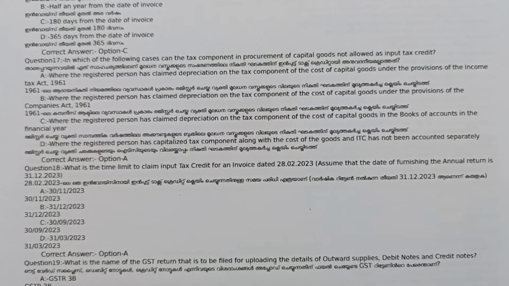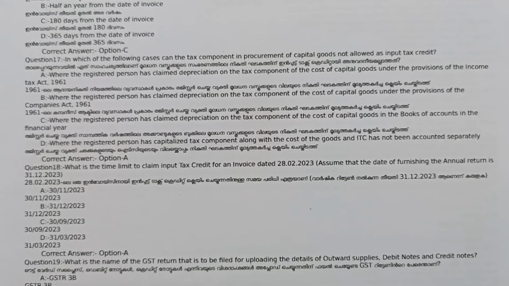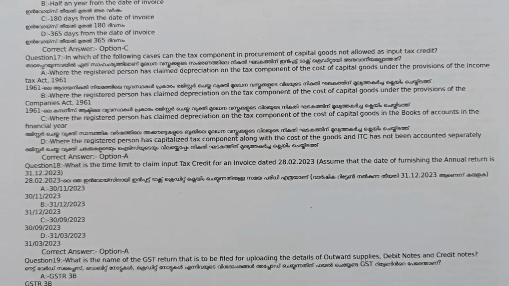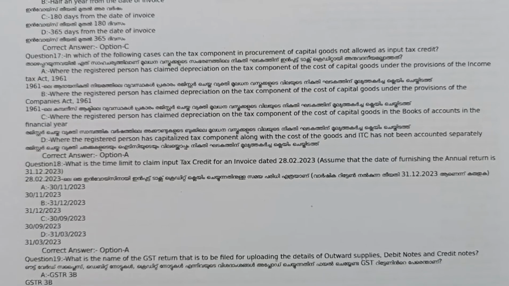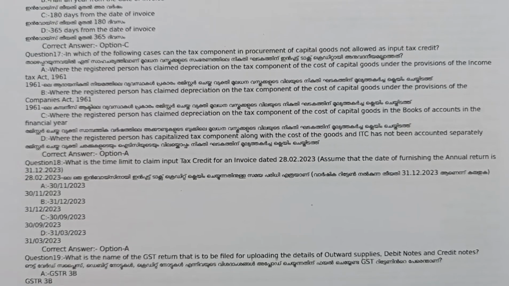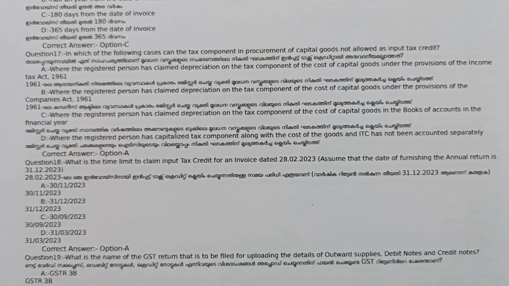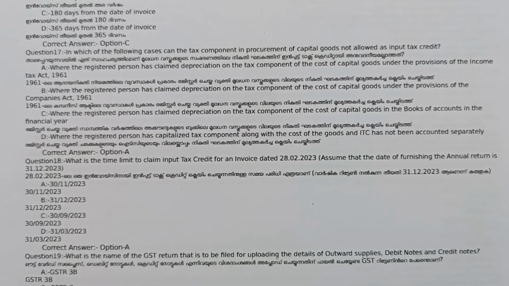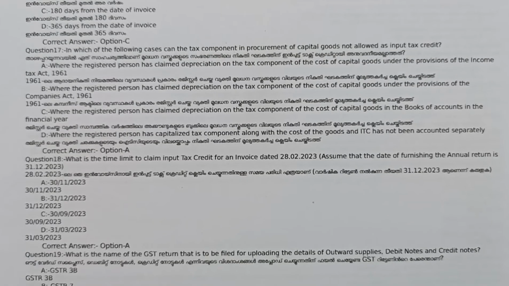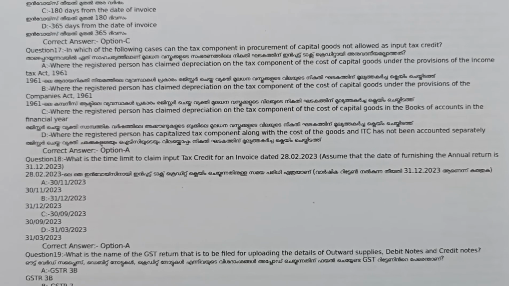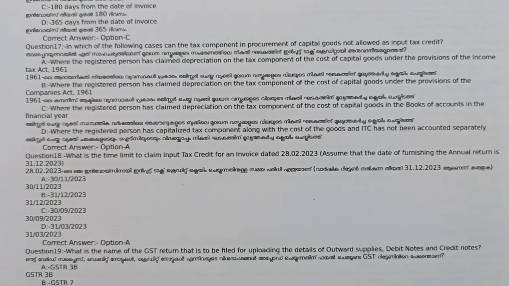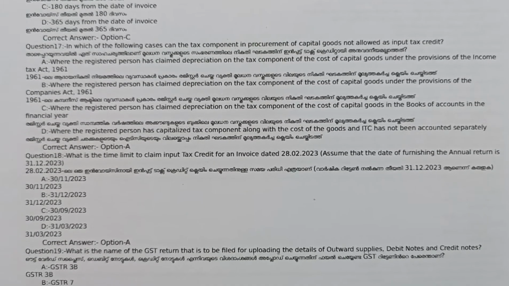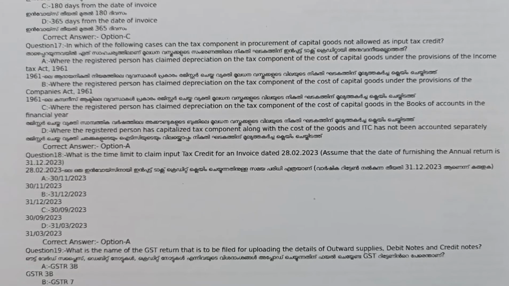Question number 17. In which of the following cases can the tax component in procurement of capital goods not be allowed as input tax credit? Option A, where the registered person has claimed depreciation on the tax component of the cost of capital goods under the provisions of the Income Tax Act 1961. Option B, where the registered person has claimed depreciation on the tax component of the cost of capital goods under the provisions of the Companies Act 1961.